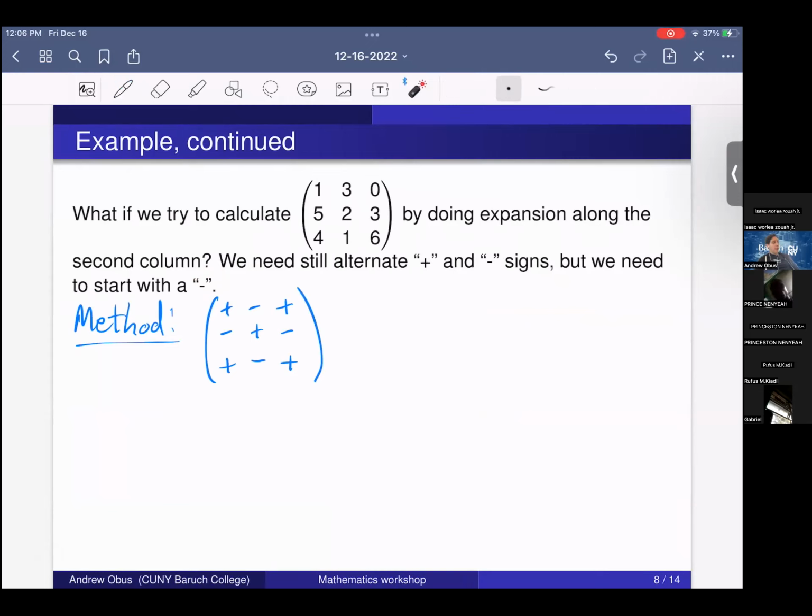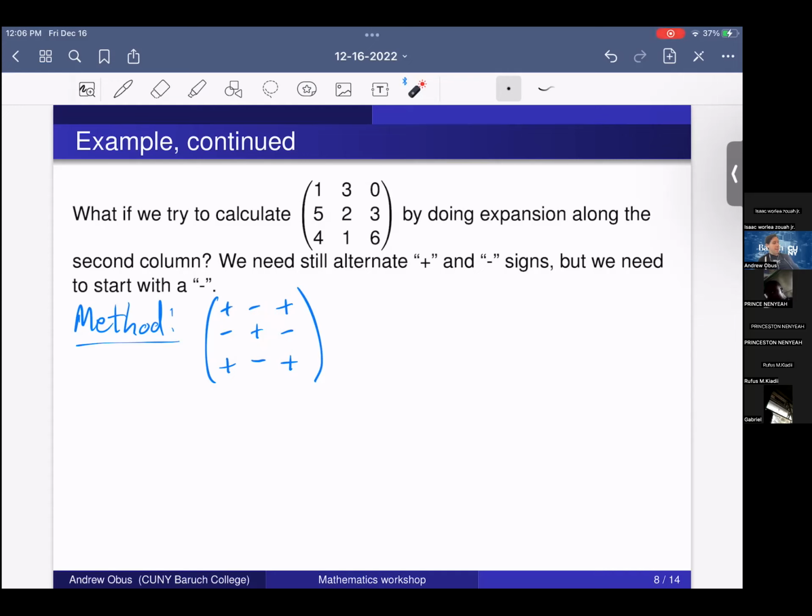All right, so I write a plus in the upper left-hand corner, and then I just alternate pluses and minuses in every row and every column. So you can think of it like a chessboard, and you can think of the pluses as the white squares and the minuses are the black squares, right? This is the pattern that we're using.